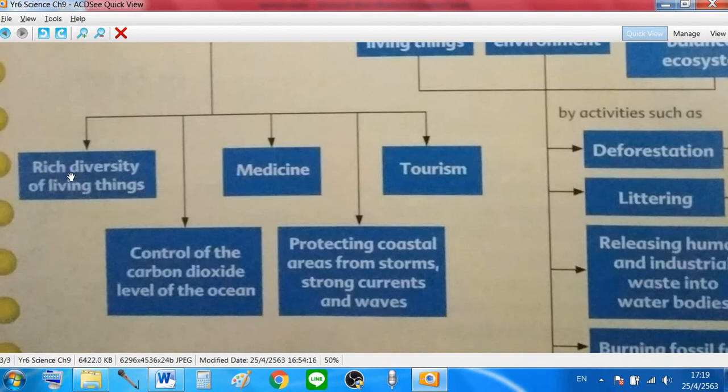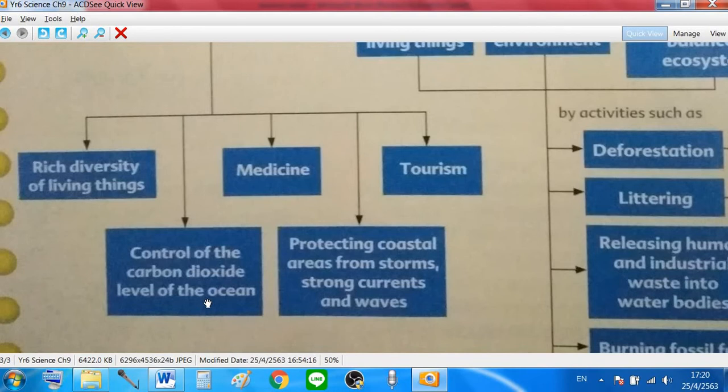Coral reefs are a rich diversity of living things. There are many animals that rely on coral reefs for their food, and so if the coral reefs die, the food web is affected. Coral reefs help to control the carbon dioxide level of the ocean. The hard part, the exoskeleton of the coral reef, is made of dissolved carbon dioxide.